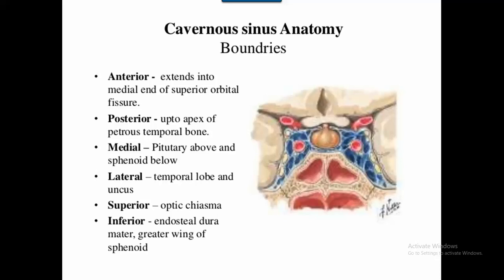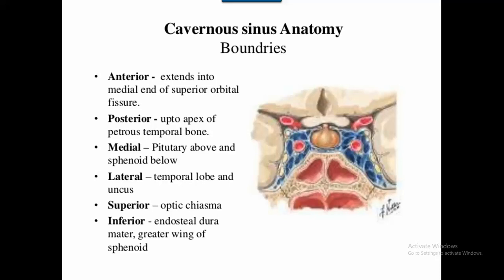Look, anteriorly it extends to the medial end of the superior orbital fissure. Posteriorly is the apex of the petrous part of the temporal bone.